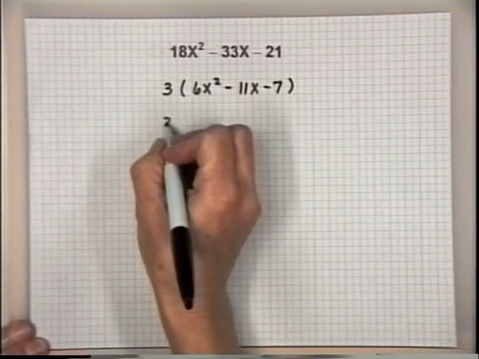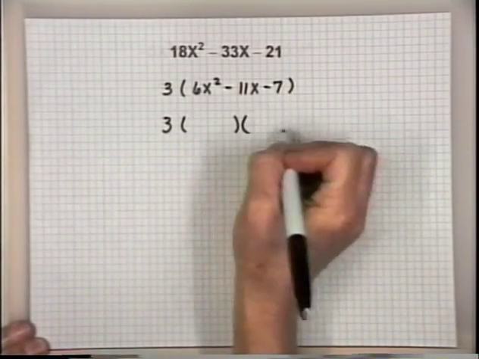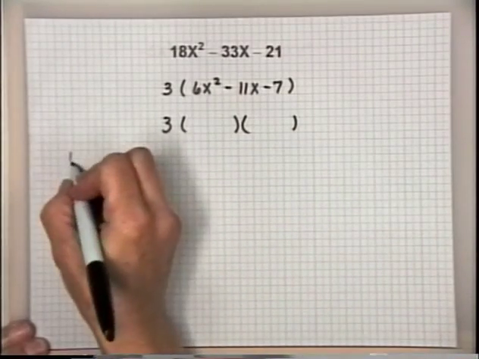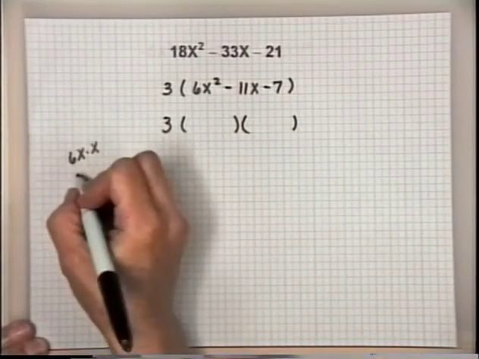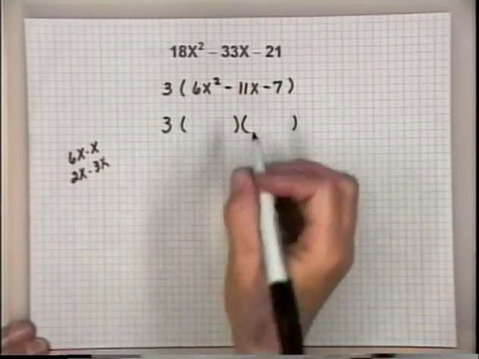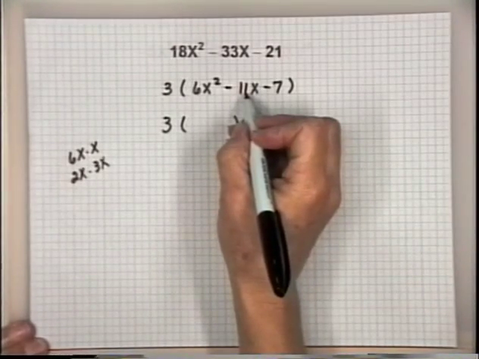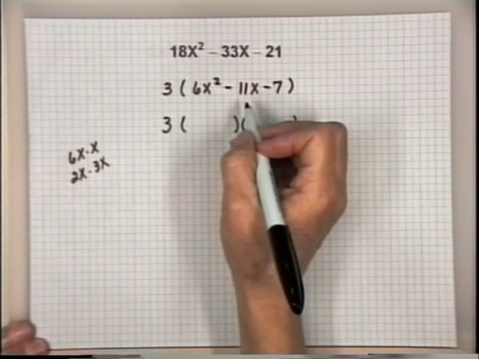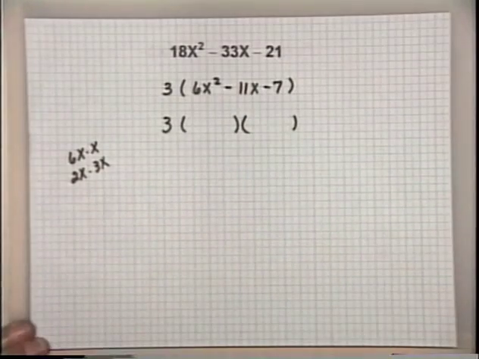Bring down your common factor of 3. We have two choices for the first term, 6x times 1x, or 2x times 3x. We will have opposite signs since our third term is negative. That means we'll be finding a difference of 11.